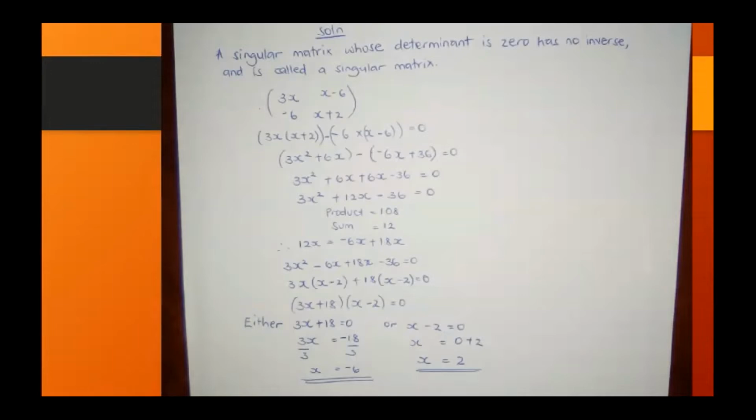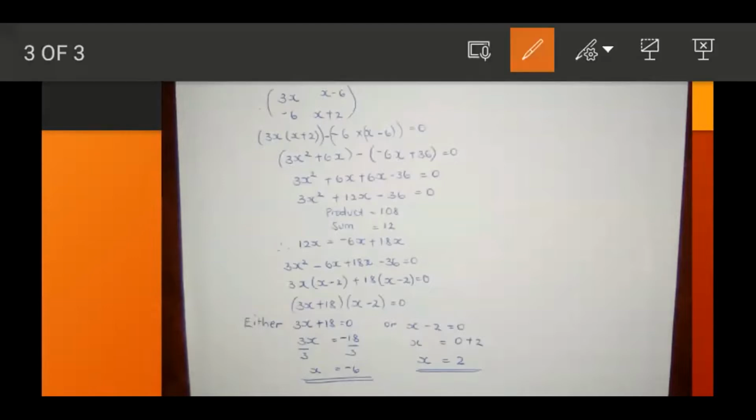So we are going to use the knowledge of looking for a determinant, where the determinant, we get this one, 3x and x plus 2. You multiply them, then you subtract this side. So you subtract the diagonals, the product of the diagonals.